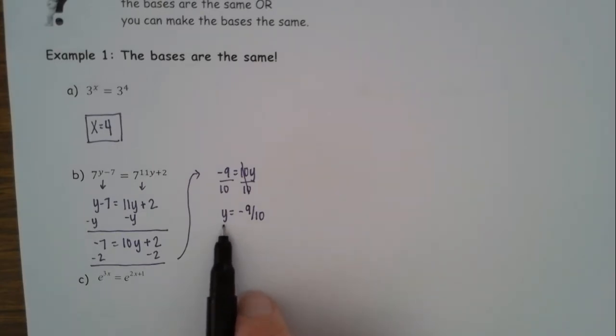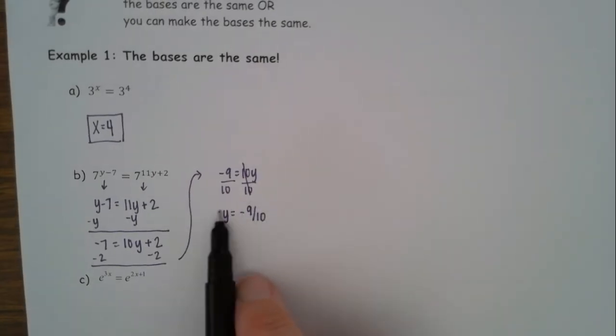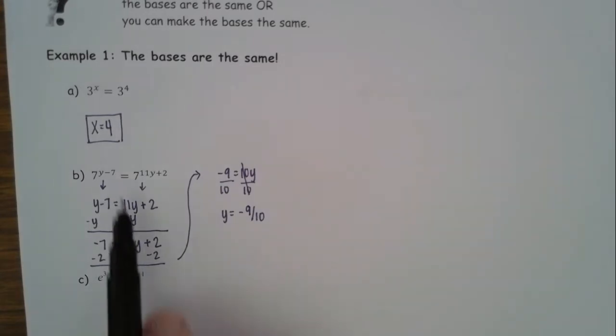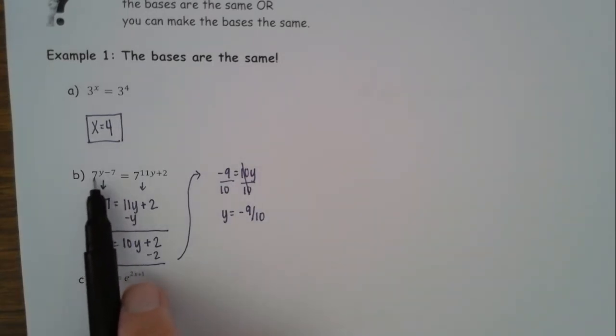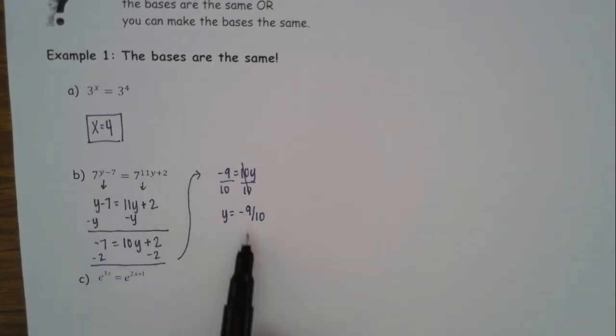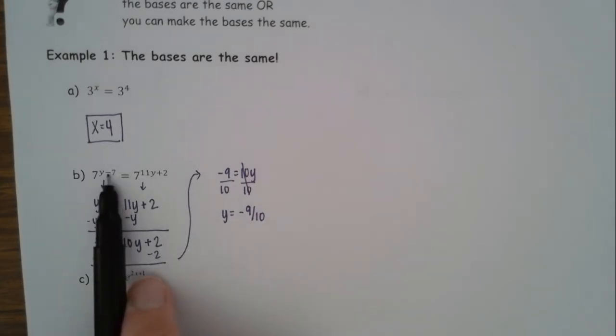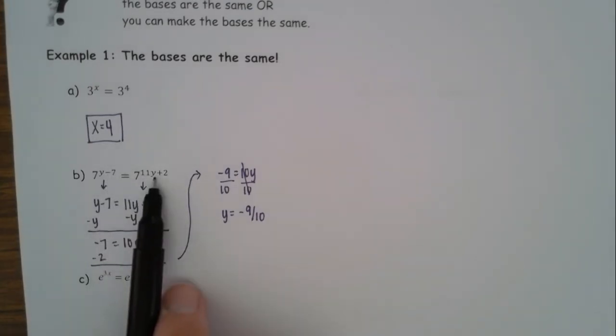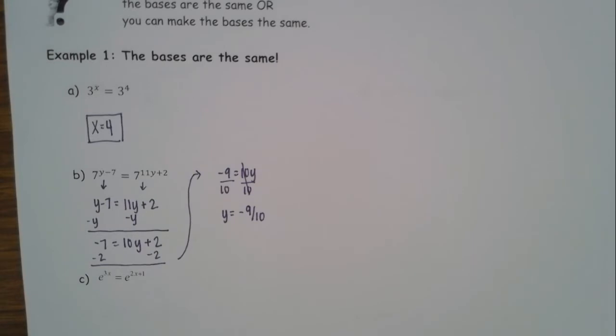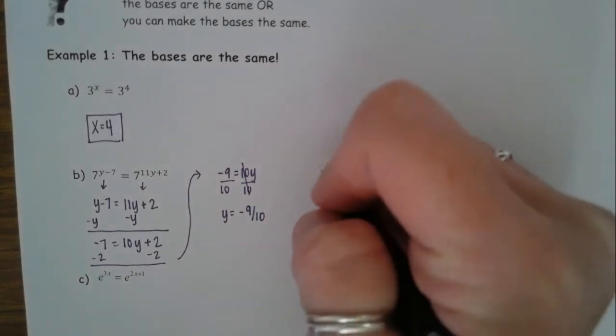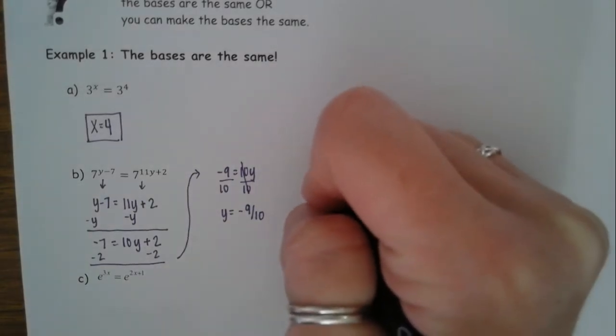So then I'm saying, okay, well, is this correct? Is this a true statement? Well, when I solve exponential equations, I always like to go back and check my answer by plugging it in to the left-hand side and the right-hand side, just to make sure that both sides are equal. And I'm going to use my calculator to help me here.